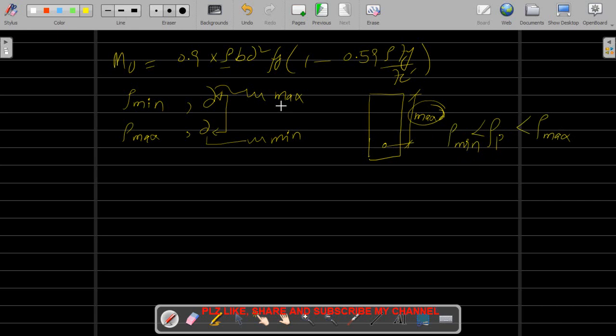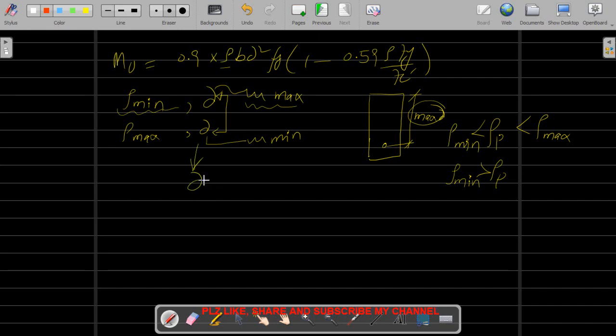So if we choose a depth which is greater than the depth calculated by rho minimum, it will cause rho provided to be less than rho minimum. This is important because we are choosing such a depth which causes the minimum steel ratio.